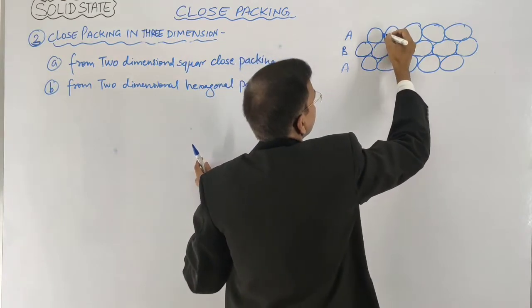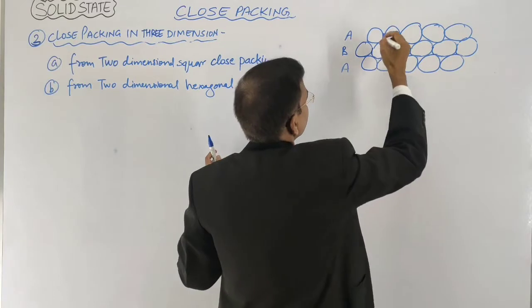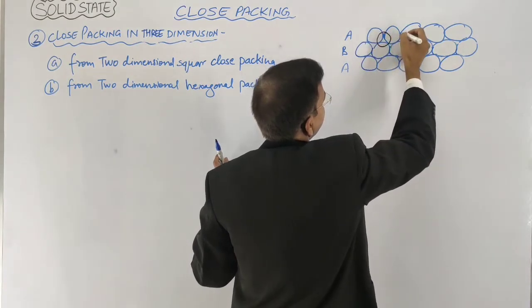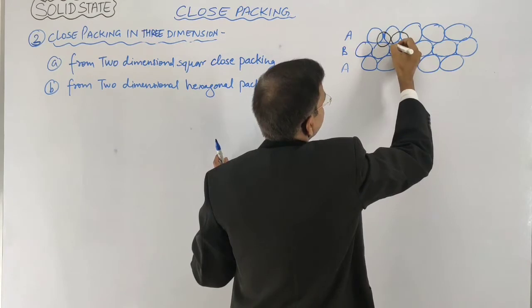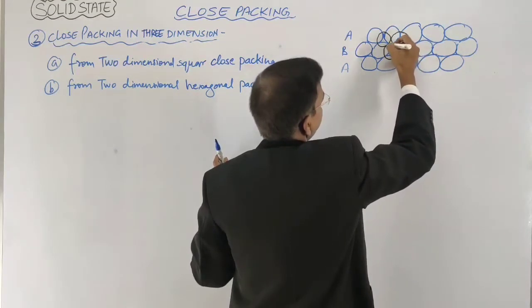So, and that is AB type, means different type. So here the third layer comes. This, and this.